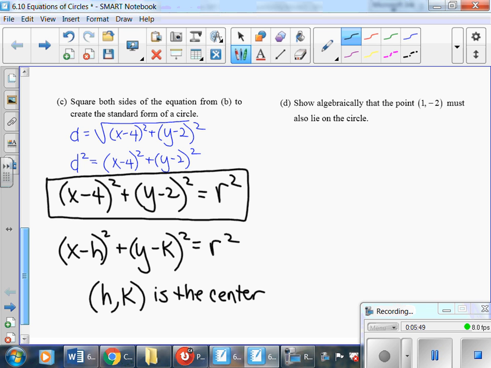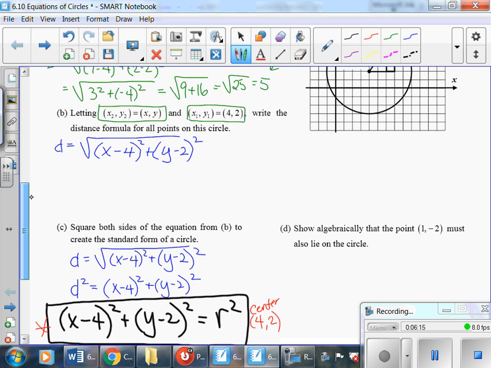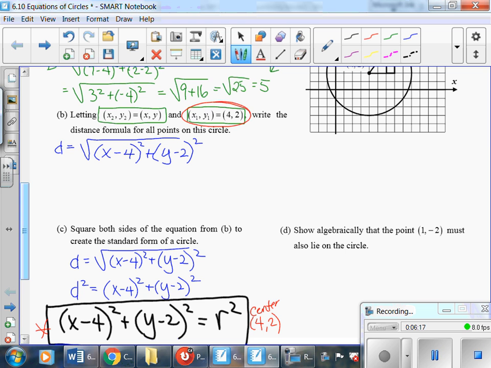Now beware, notice how it's x minus h and y minus k. So when you're looking at our example up at the top here in our box, you can see that we have x minus 4 and y minus 2. So our center for this one is going to be opposite signs, (4, 2), which is what we started with when we created it right here.